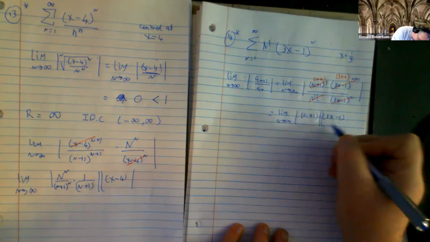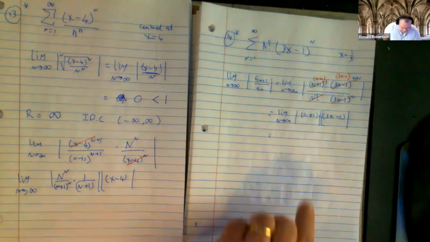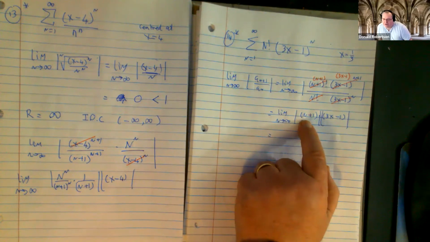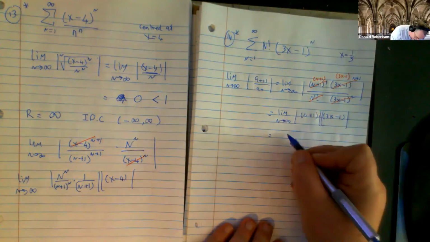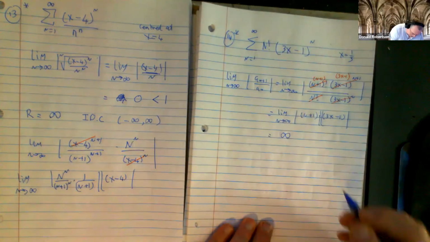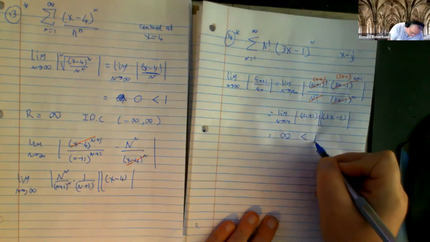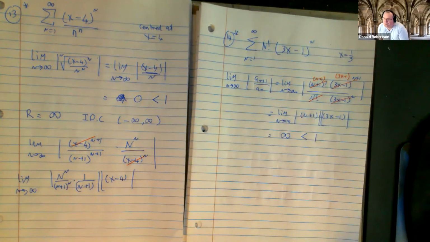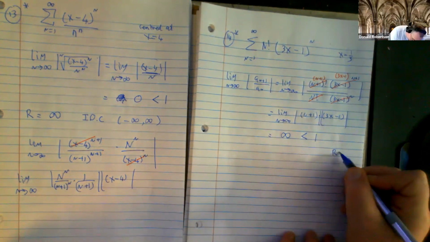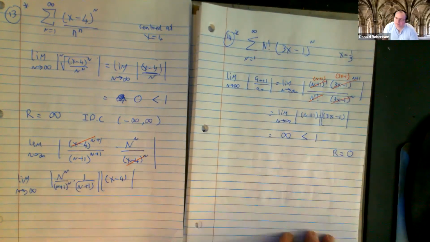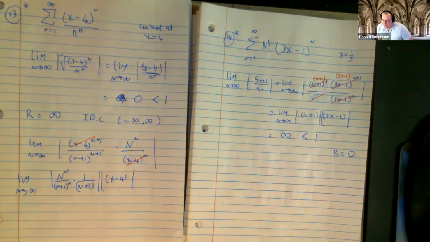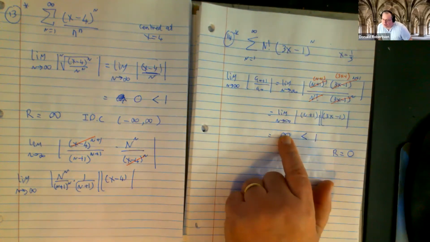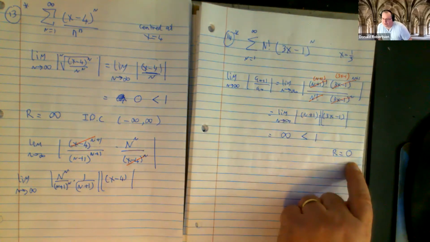It's that guy. Now, in this case, won't you get infinity times that? And so you will get infinity. And infinity is never going to be less than 1. So that means the radius of convergence is 0. Right? If it's never going to work, except for one special case, the radius is 0.